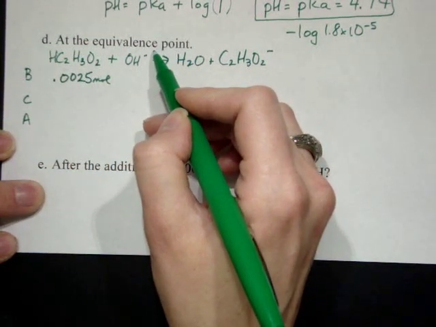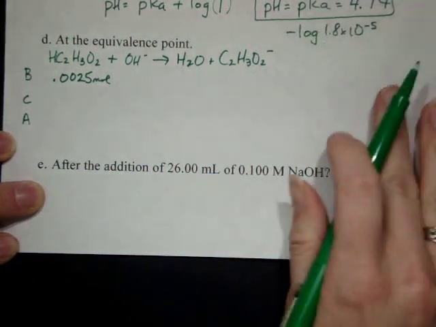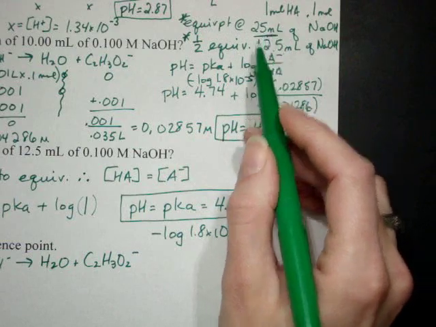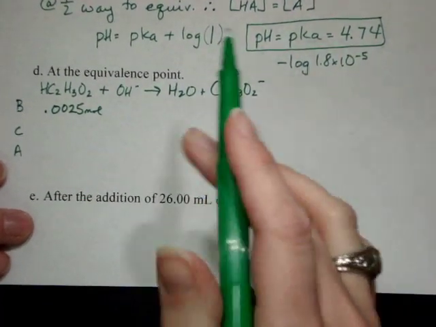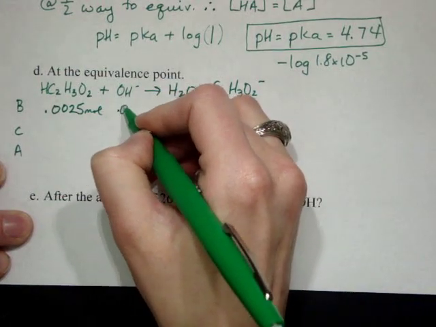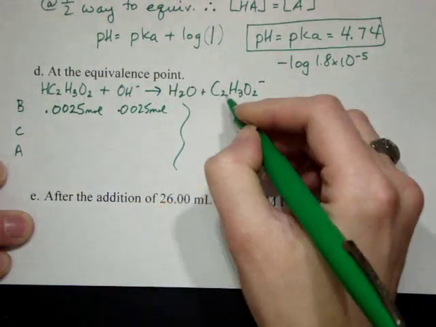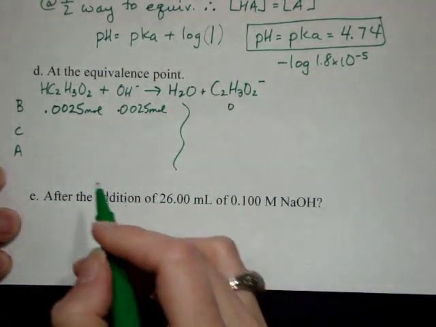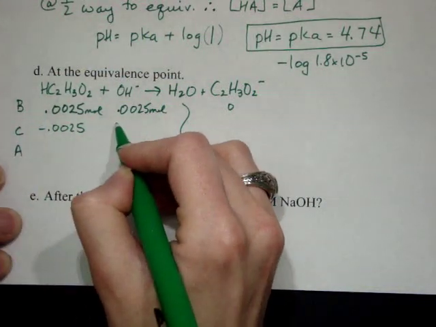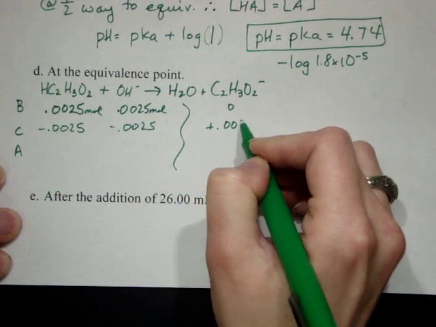At the equivalence point, we figured out up here that we needed 25 milliliters. Sorry, it's way up here. The equivalence point is at 25 milliliters. So the same general calculation, 25 mils times 0.1 molar is 0.0025 moles here. Water's not going to change, and no acetate. In this case, you don't have a limiting reactant because they are both going to be perfectly used up.